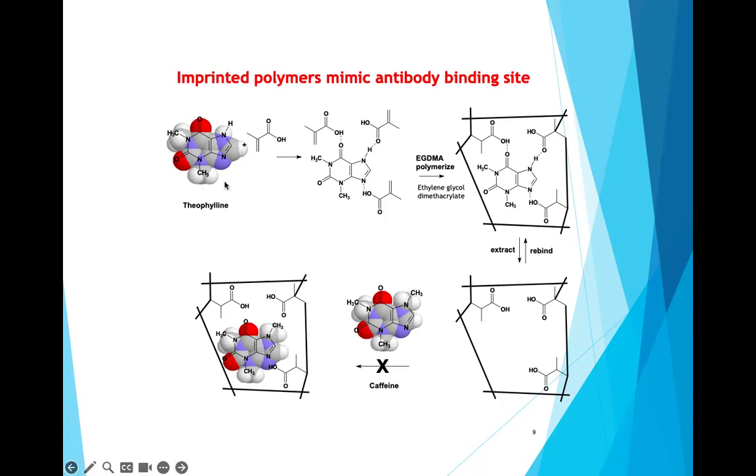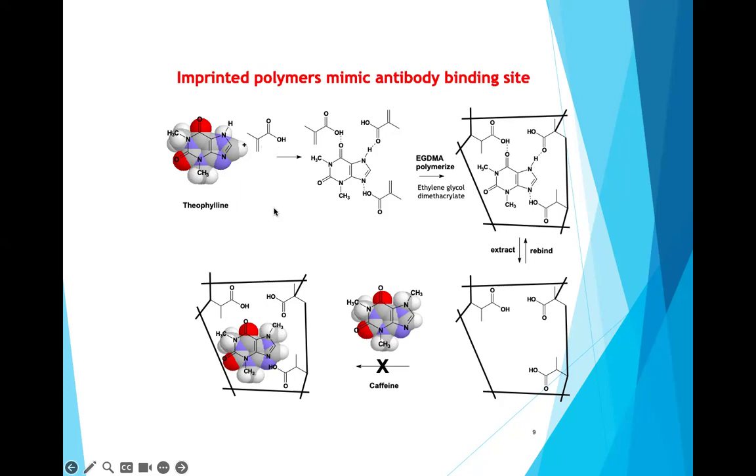The one that you want to catch, the one that you want to sieve, will become the template first. So you have to get a pure template. And once you get the pure template, we mix the template with the monomer.